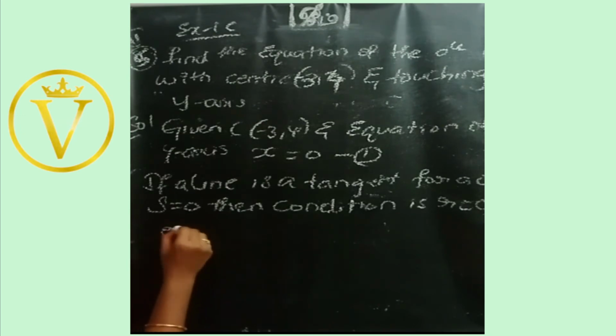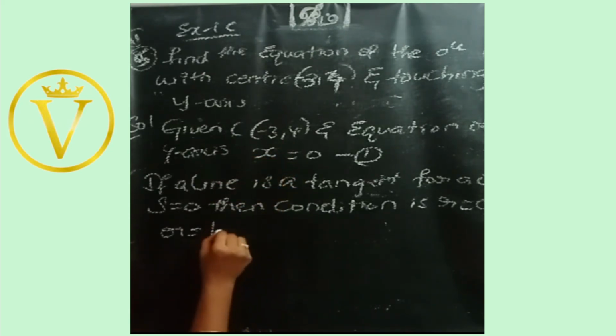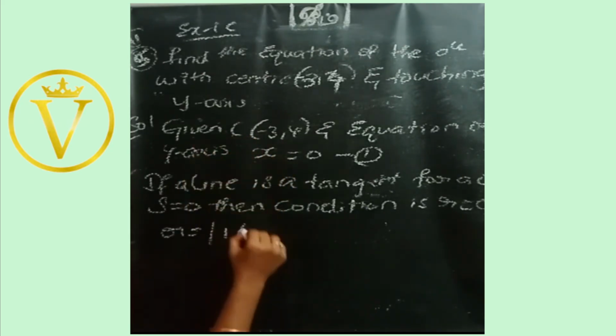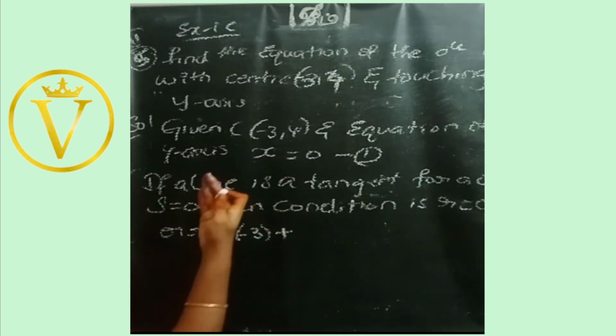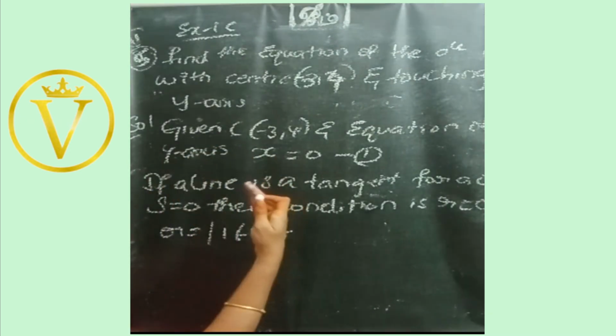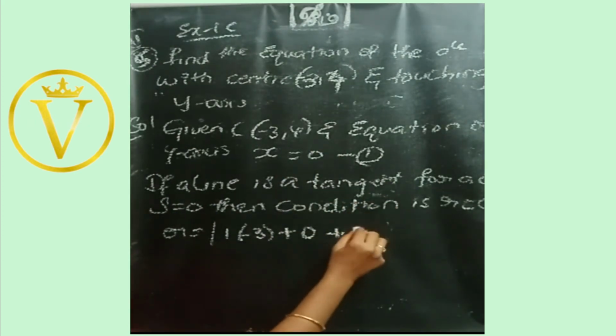Now here mod a, this means x coefficient is 1 comma minus 3. Here y is not there, that means b, the y coefficient, will become 0, and c also is 0.